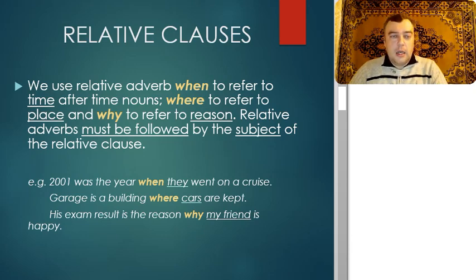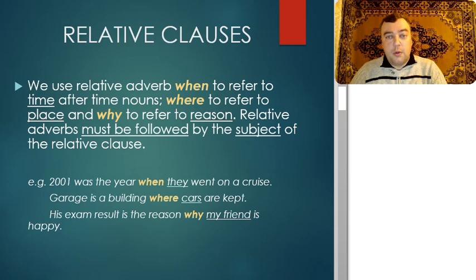So, indeed, when modifies or identifies the relative clause that starts with when identifies nouns that mean time periods or points in time. As in this example, 2001 was the year when they went on a cruise. The word year denotes a point in time or maybe a period of time.